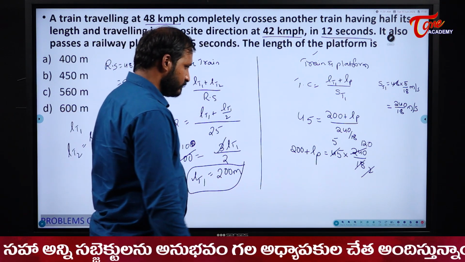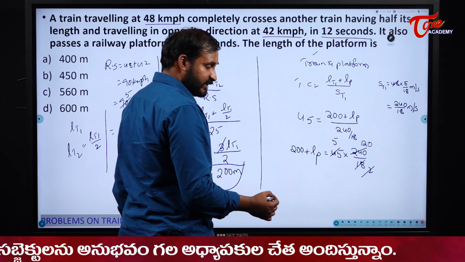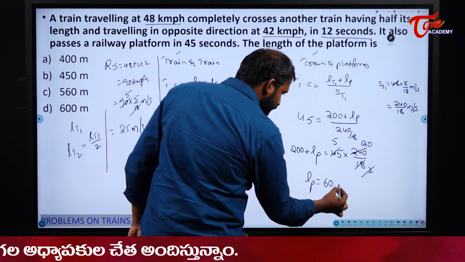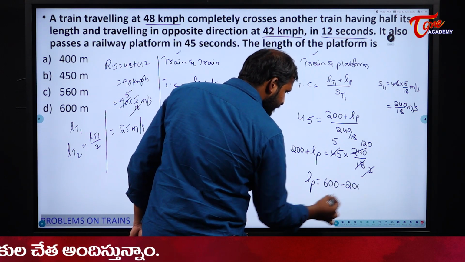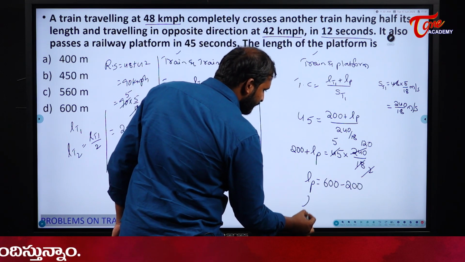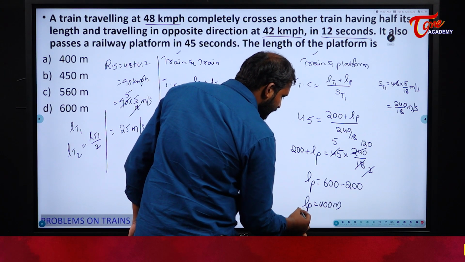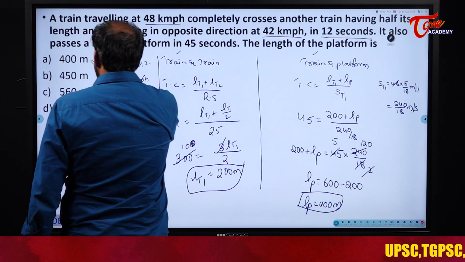So 5 into 120 becomes 600. Length of the platform is equal to 600 minus 200. So the length of the platform is 400 meters.